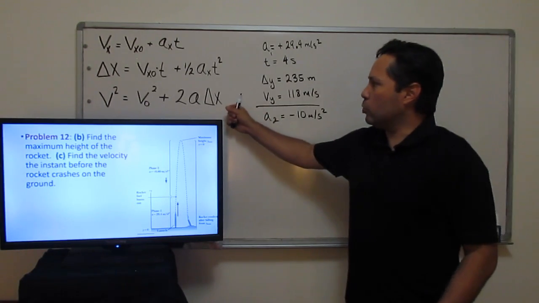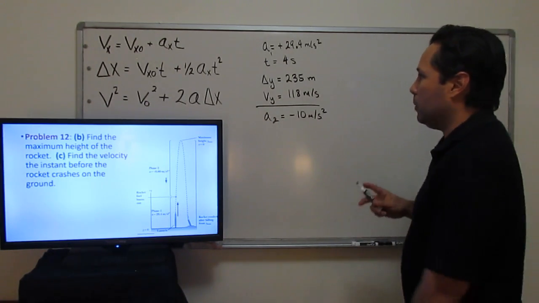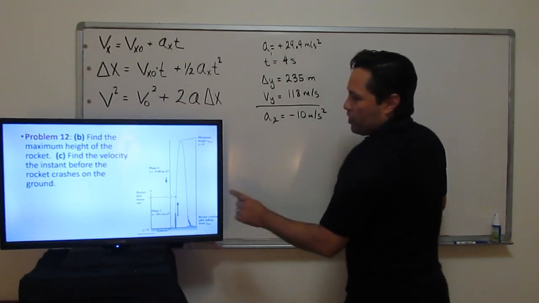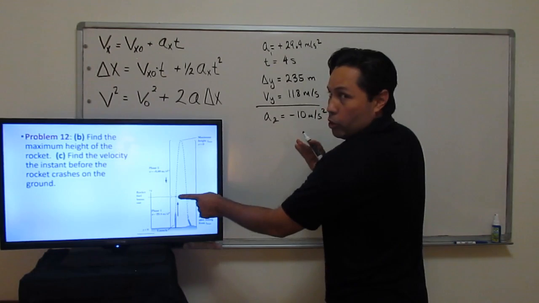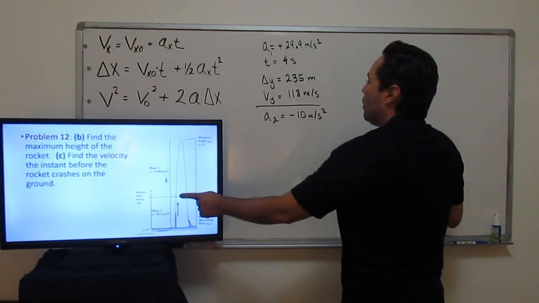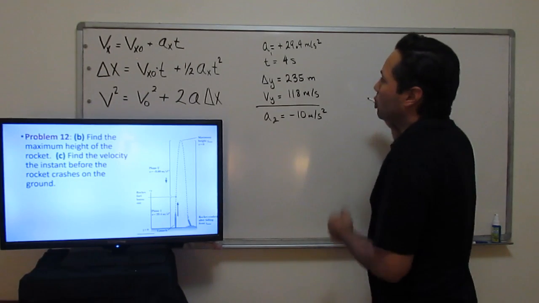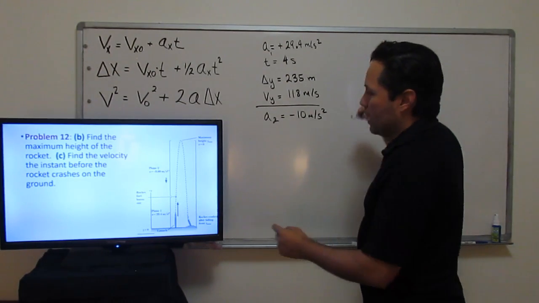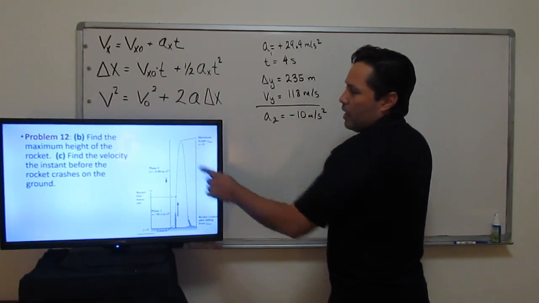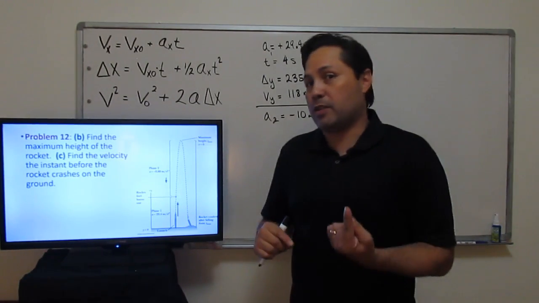So we're going to use this formula right here. Now the original velocity when the boosters turn off is this right here. We got it, 118 meters per second. So we're going to think about this. It climbs all the way up to here. And what happens at the apex? How fast is it climbing?